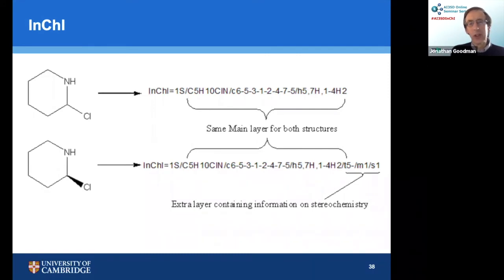So this is a convenient way of encoding molecules. Suppose you want to look in a database for this structure and include the different enantiomers. Well, you just look to the beginning of the InChI and ignore the last bit, and then you'd be able to find both a single enantiomer and racemic mixtures and the enantiomer of the thing you were looking at.